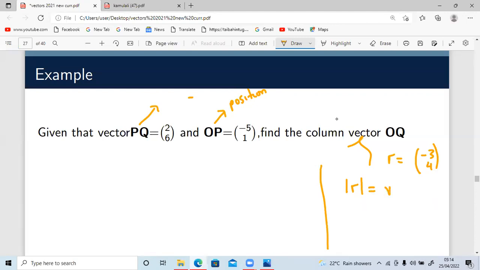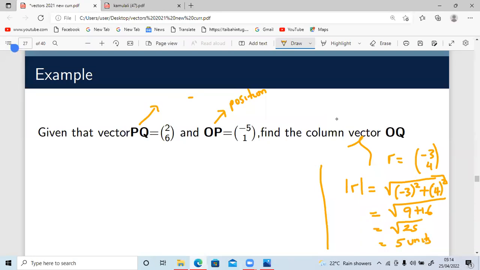Square root of (-3) squared plus 4 squared, equals square root of 9 plus 16, which is the square root of 25, which equals 5 units.